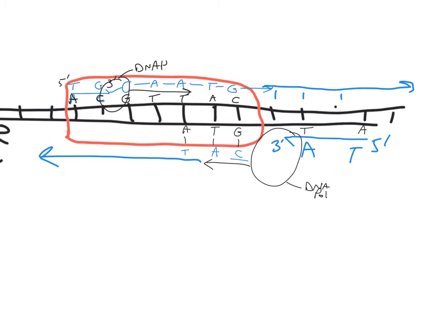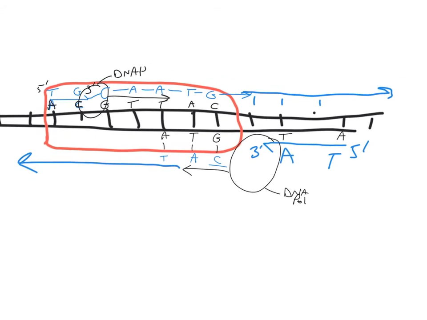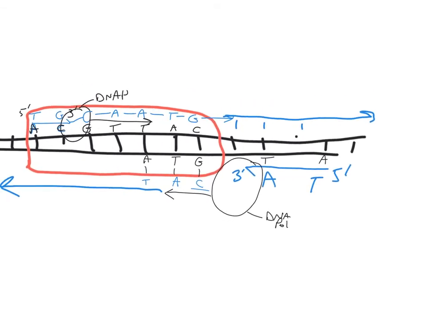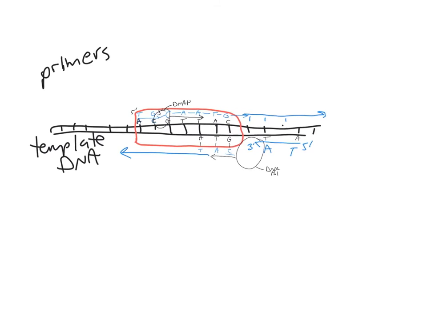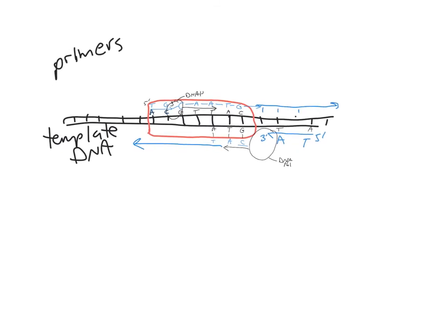So, in other words, if I zoom out a little bit more, what happens there? Does a new strand of DNA get synthesized left of the 5' end of the primer?